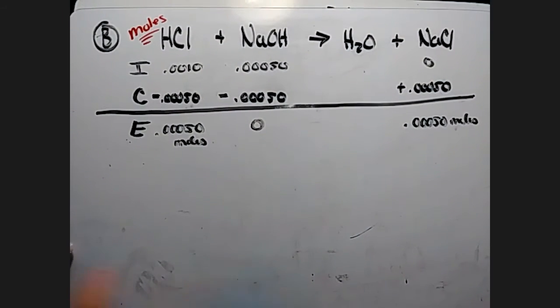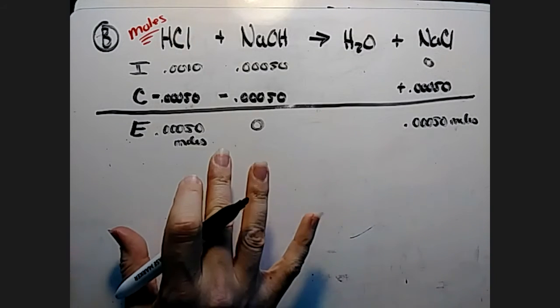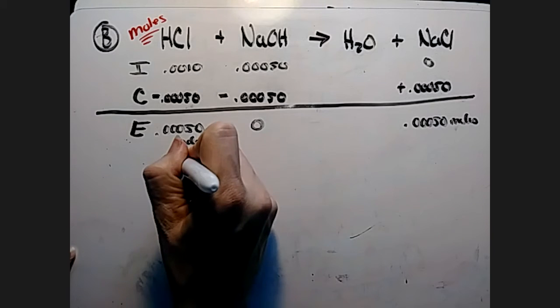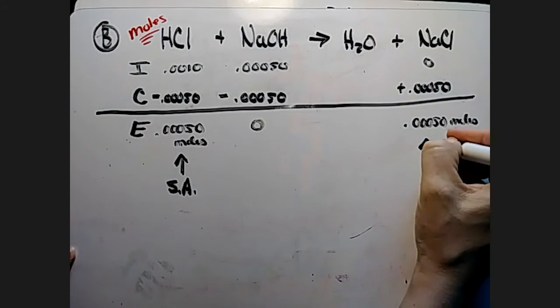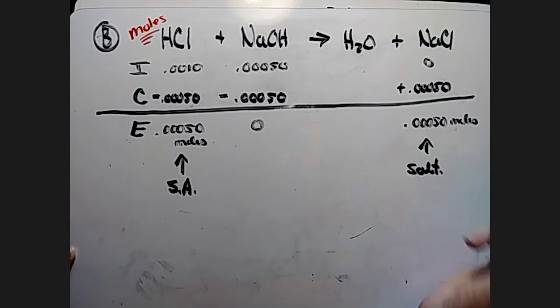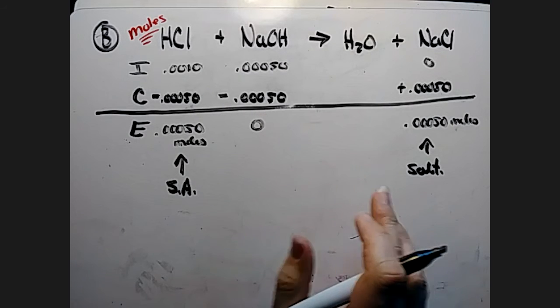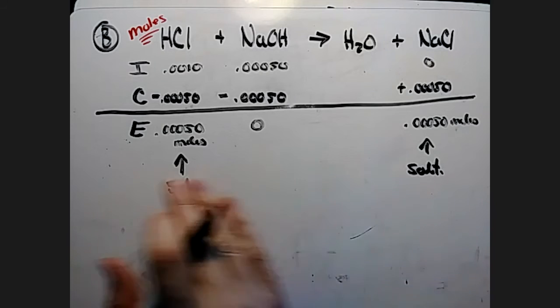But if you remember, we still need to calculate the pH. So at this point, you need to sit and think, what do I have present in my solution? I have a strong acid and I have a salt. Is this a buffer? No, it's not. A buffer is made from a weak acid and a salt with a common ion in it. This doesn't qualify.